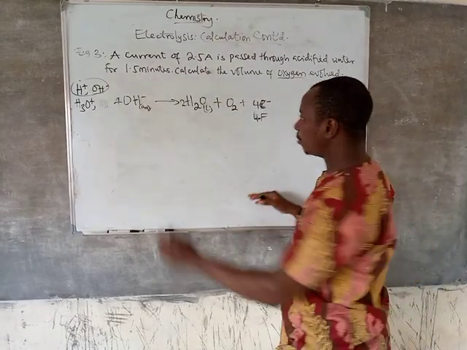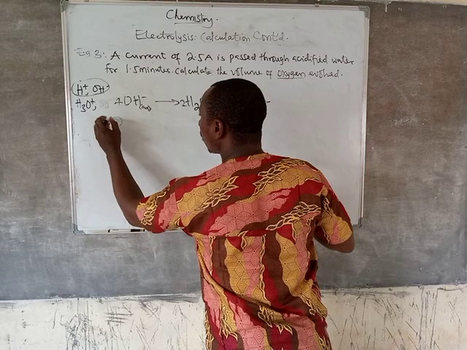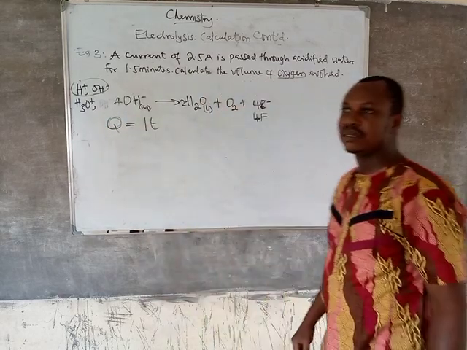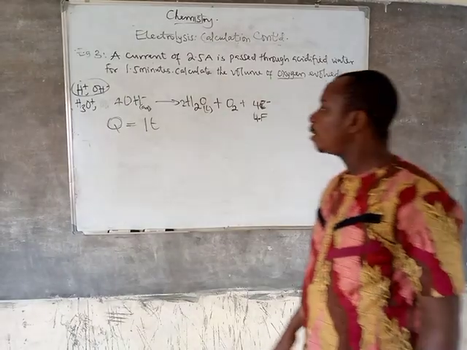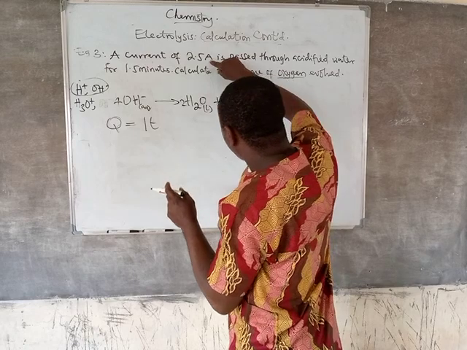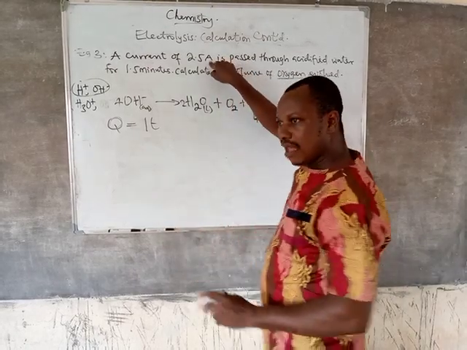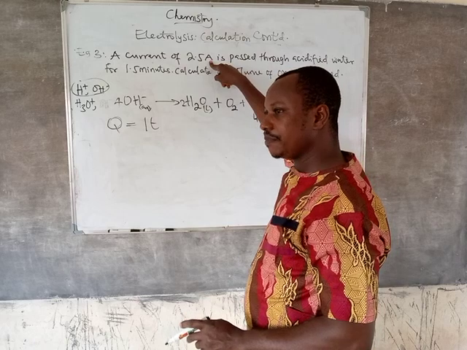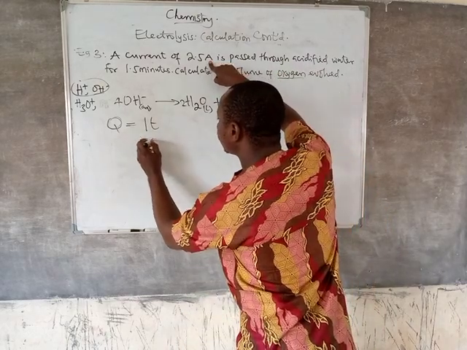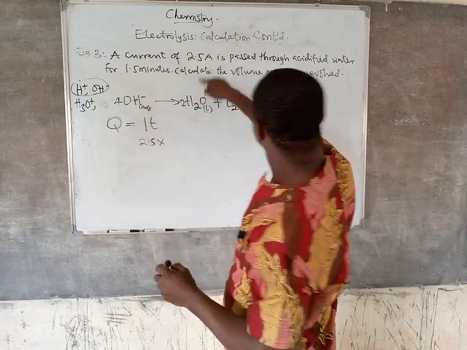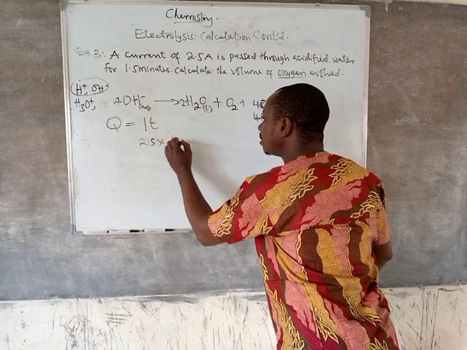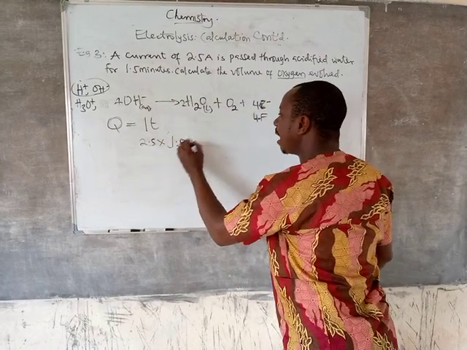So if you watch now, Q, which is our quantity of electricity passed, gives you I times T. That is the formula for quantity of electricity passed. From the question, I is the current. I told you earlier that A, amperes, is the unit for what? Current. So here we have 2.5 multiplied by the time, 1.5 minutes, which we will convert to seconds by multiplying by 60.